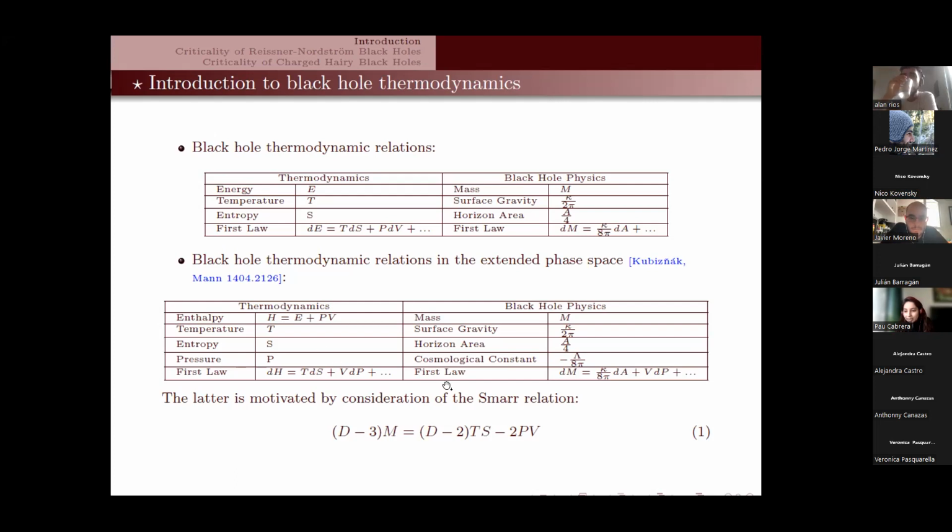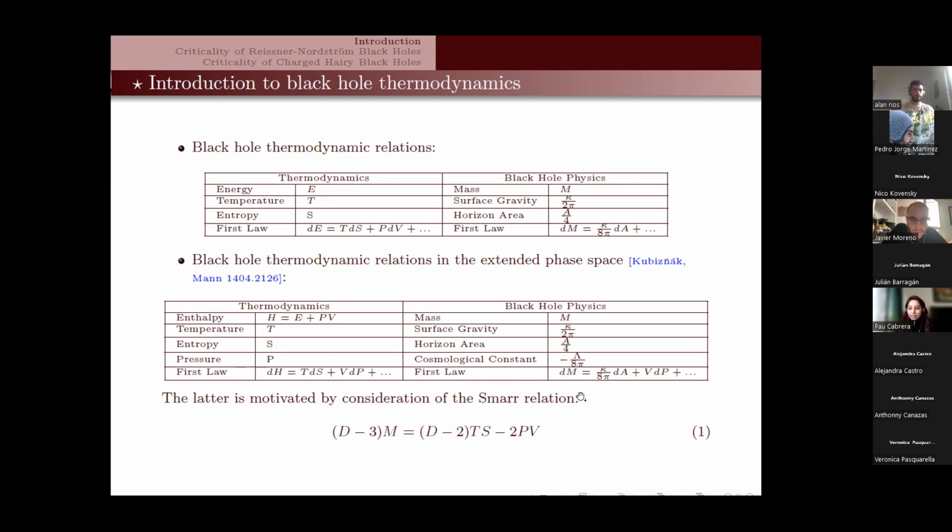here. And the consistent first law, as it shows here, this is the corresponding first law, and here you can see that the mass in this case acts like an enthalpy in that relation.